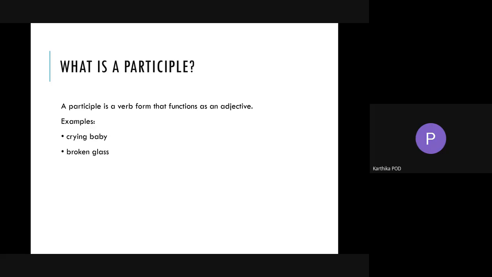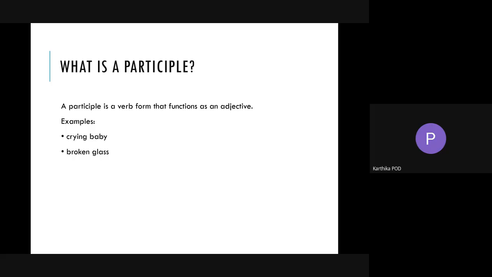So is any sentence that starts with, let's say, a broken glass. The broken glass was hard to fix. In which case again, it's a verb form, but it functions as an adjective.